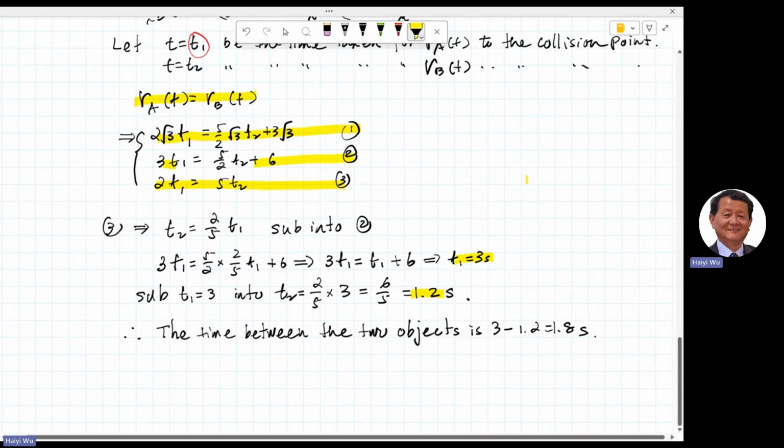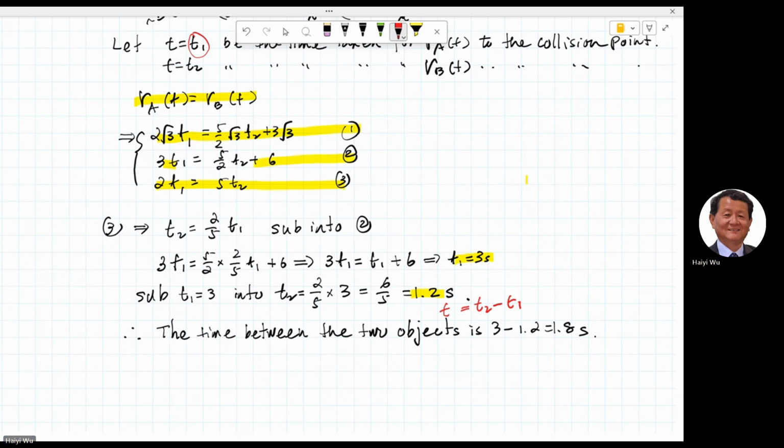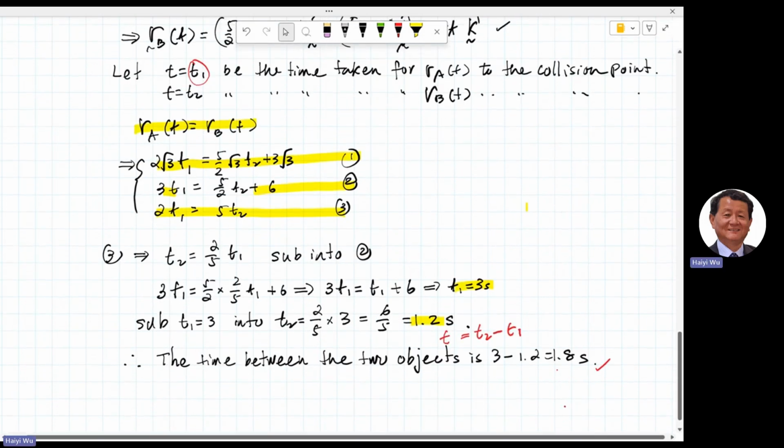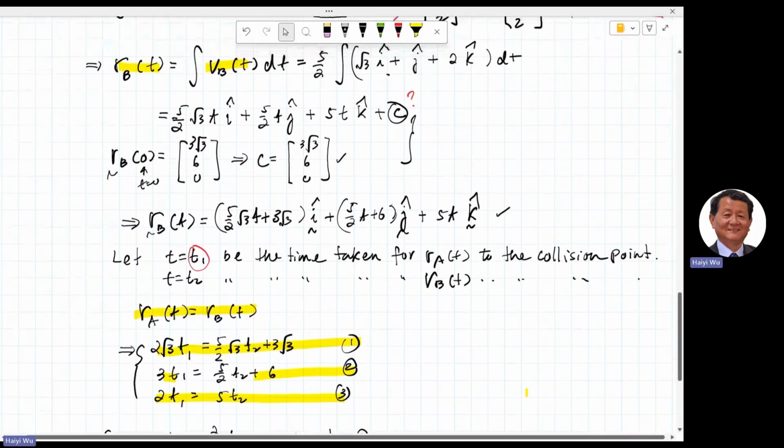The time difference is T1 take away T2, so it's 1.8 seconds between the two objects. That's it. This is the long solution for two different methods.